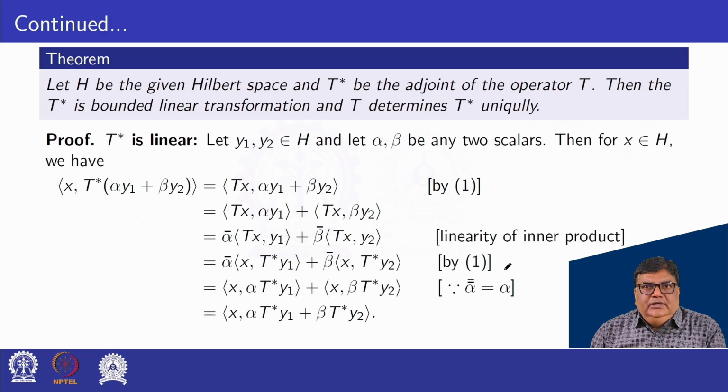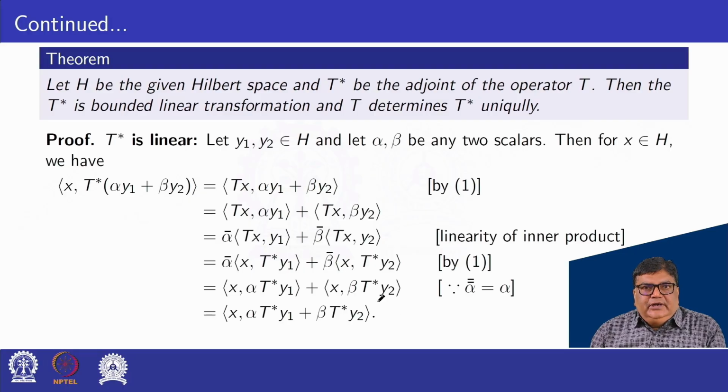By the conjugate linearity property of inner product, this can be written as inner product of x and alpha T star y1 plus inner product of x and beta T star y2. Here we have alpha double bar and beta double bar. We know that alpha double bar is alpha, and beta double bar is beta.